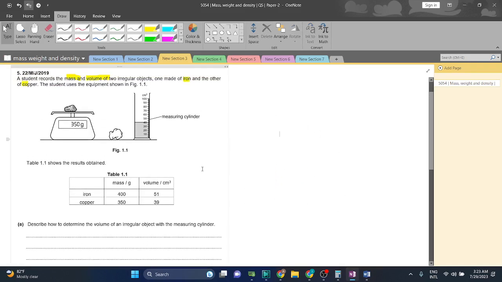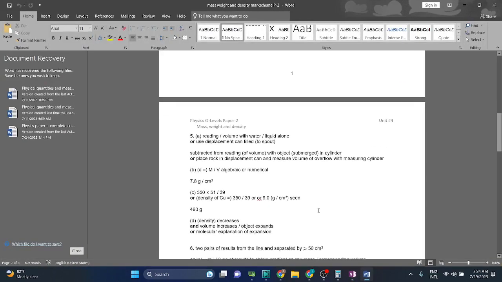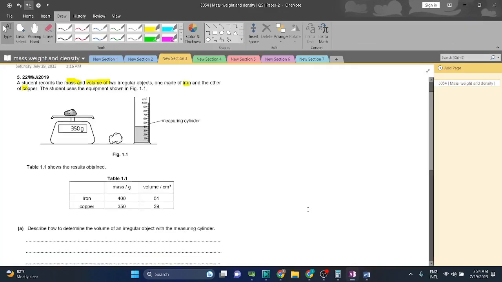So what we are going to do is, before adding the rock or the irregular object we will note down what the volume is, and after adding the rock we will note down what the volume is. Then we'll subtract the smaller volume from the larger volume to get the volume of the rock. That is very simple, very basic science.